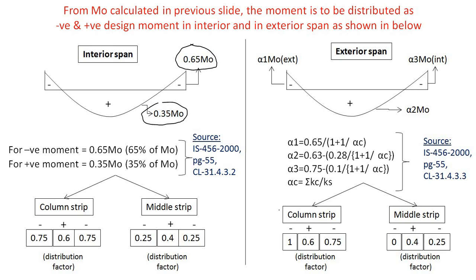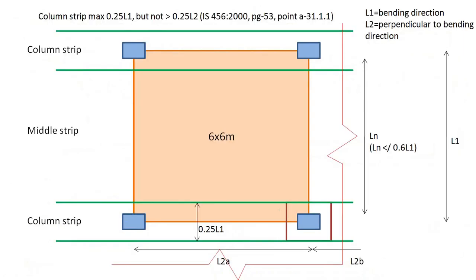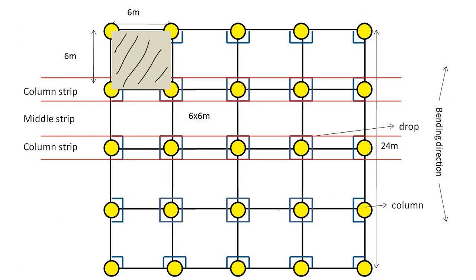Now coming to the exterior span. If this is the exterior span, then its bending will be something like this.